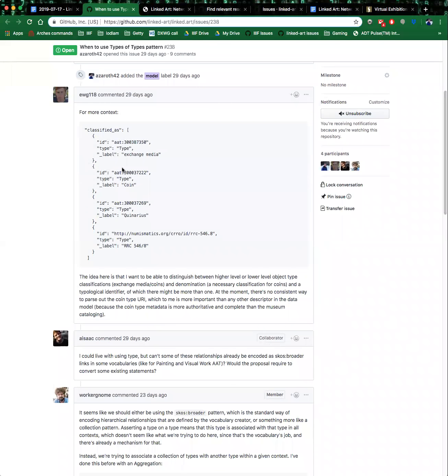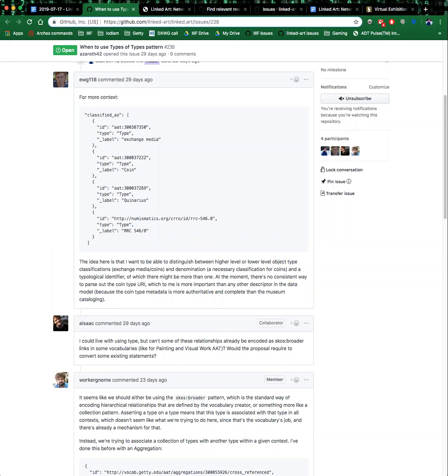And Ethan gave the example of, in the vocabulary in the community section, we talk about exchange media being coins or shells that are used to carry value, or dollar bills or whatever. But then he, of course, is at the Numismatic Society, has very, very specific types of coin, such as quinarius, or even further, this RRC 546/8 type of coin.